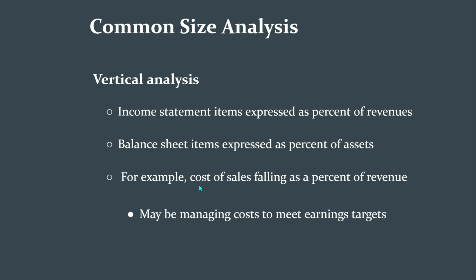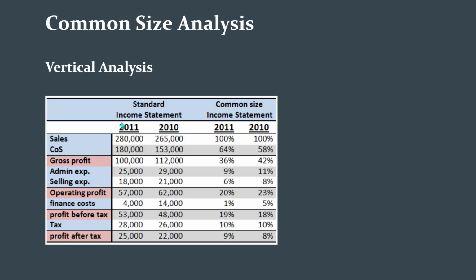For example, cost of sales falling as a percent of revenue. This could be a sign that the company is managing costs to meet earnings targets. And this is an example of a vertical analysis. Here we see sales and other items are expressed as a percent of sales. We start with sales, which is 100% of itself, 100% of sales. Then cost of sales, for example, is 64% of sales.